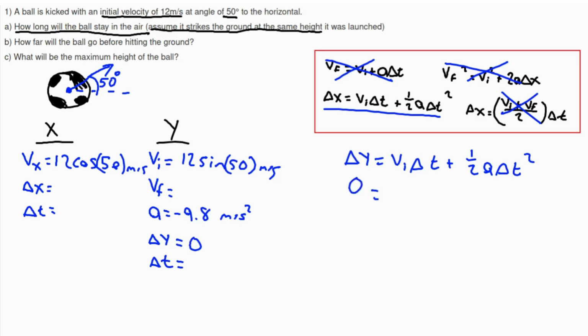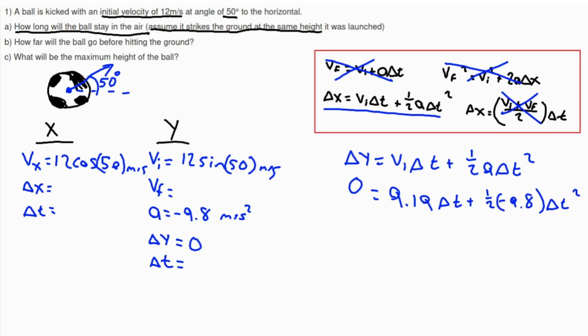Vi, let's type that in our calculator right now. 12 sine 50. That's going to be 9.19. So 9.19 delta t plus 1/2 times acceleration, negative 9.8, and then times delta t squared.